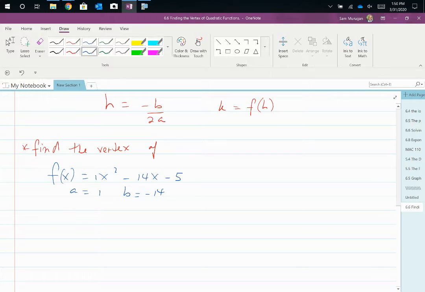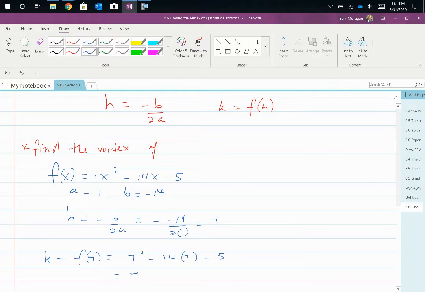My formula, h is equal to minus b over 2a, which is minus negative 14 over 2 times 1. Minus and minus get plus, so this is 7. And the k value is the function substituted with 7, which is 7 squared minus 14 times 7 minus 5.